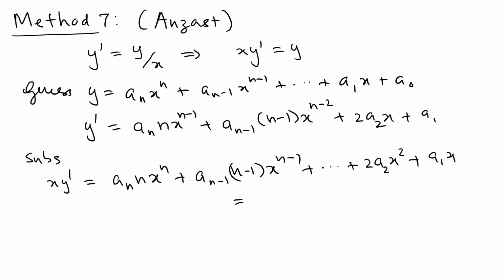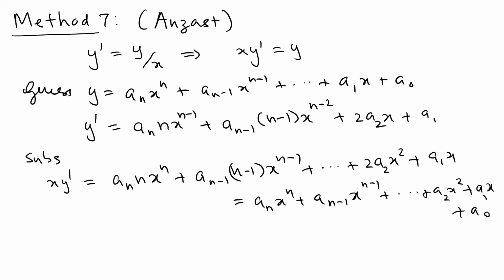This has to equal the y term, so that means it's a_n x^n plus a_(n minus 1) x^(n minus 1) like that, a2 x squared plus a1 x plus a naught.